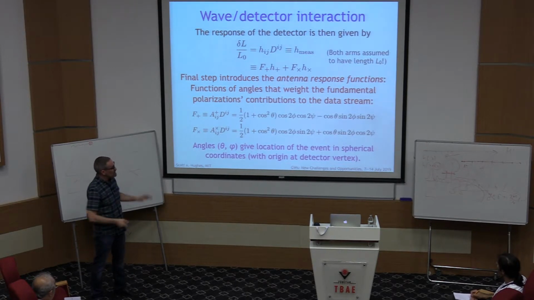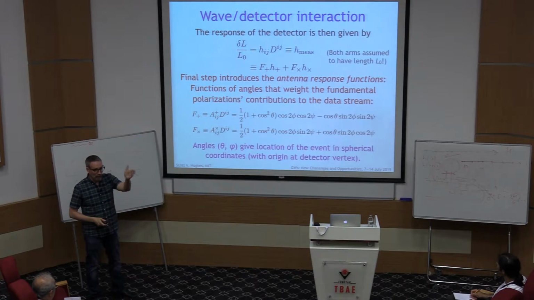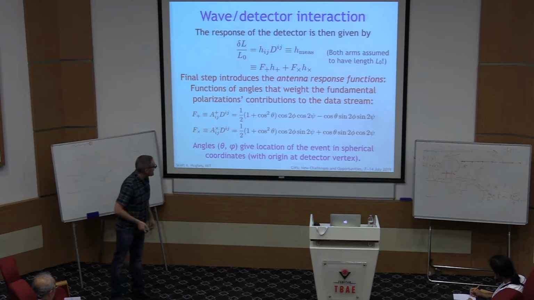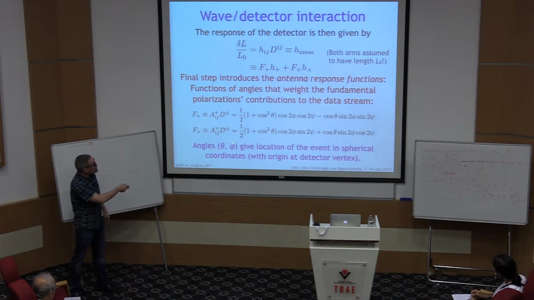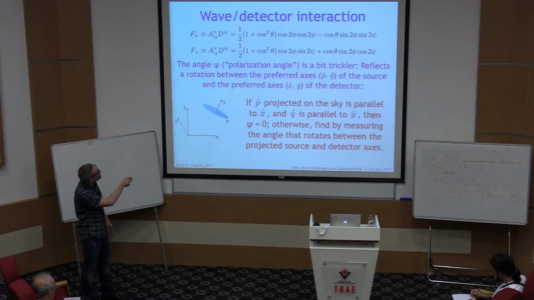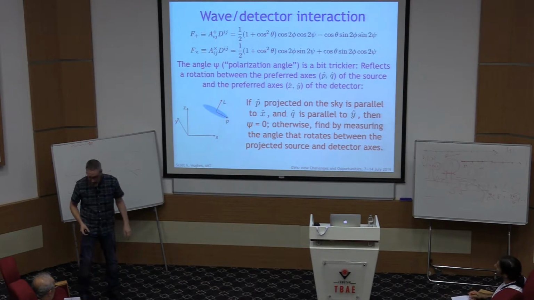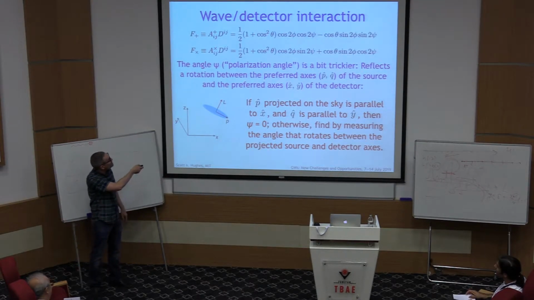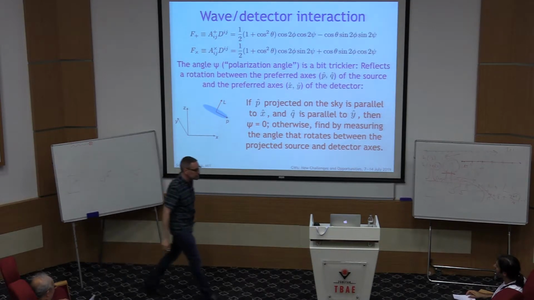The angle psi, which I'll describe in a bit more detail, Badri also went over this, but this is a little bit confusing, I find it useful to describe it again. This is the so-called polarization angle. So two of these angles tell me where the event is located in spherical coordinates. The angle psi, so again, imagine that I have my source, I'm looking at it on the sky.